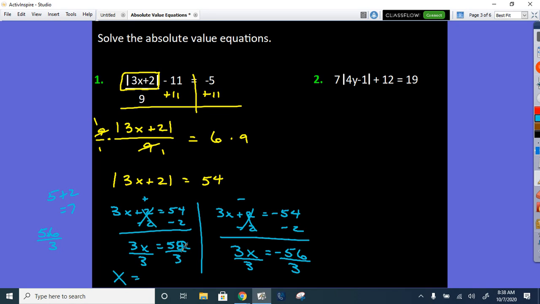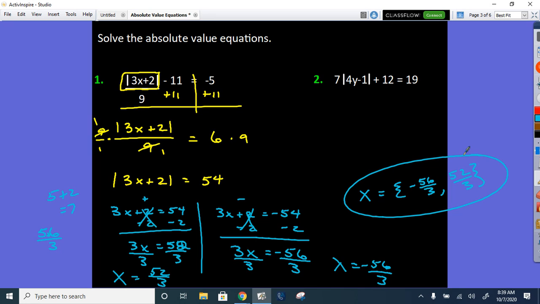So I could leave them as 52 over 3, and negative 56 over 3. If you want to convert them into mixed numbers, you could, but I would be completely accepting of these because technically, when you go back and substitute, it makes your life a little bit easier when you're cross-reducing. So final solutions: negative 56 thirds and 52 thirds.